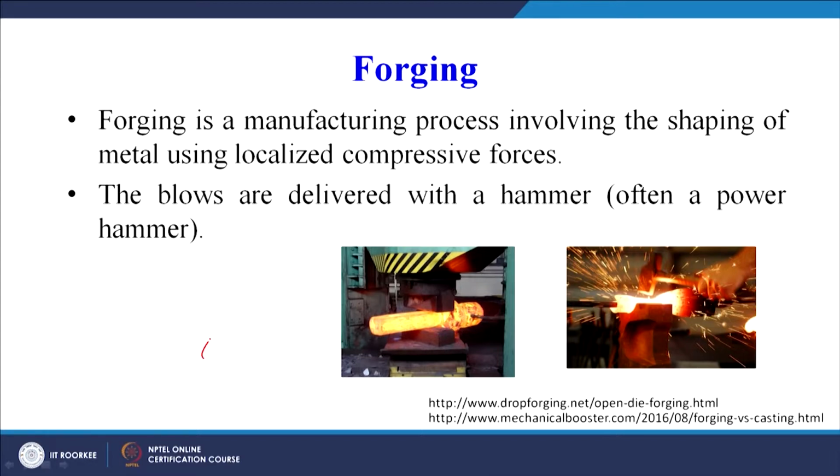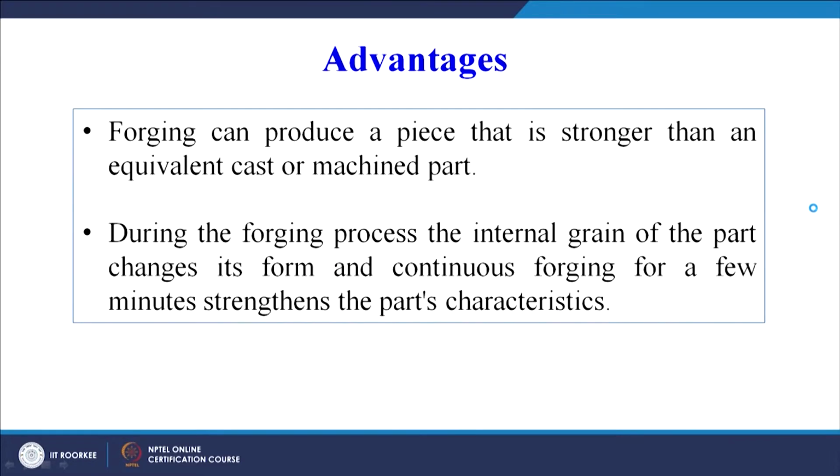You can see the forging process being done, and this is the red hot raw material or the red hot metal which is being deformed into a desired shape. And here also you can see a hammer which is being used to deform the shape of the metal. So we are not going to go into the details of the forging process, but let us try to understand what the advantages of the forging process are.